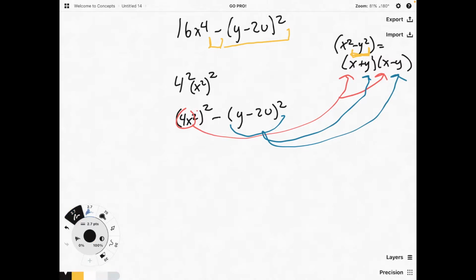We have 4x squared plus y minus 2u multiplied by 4x squared minus y minus 2u. And that's our answer. Very, very simple. All right, let's move on to our next two rules.